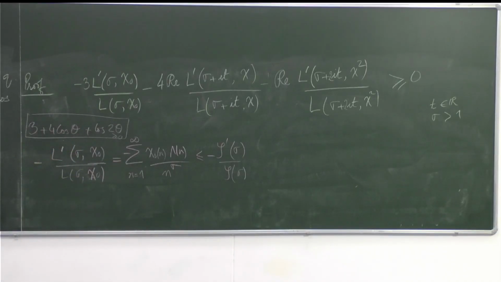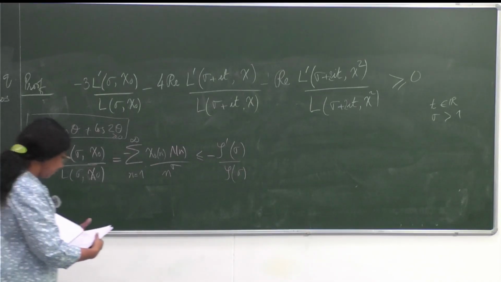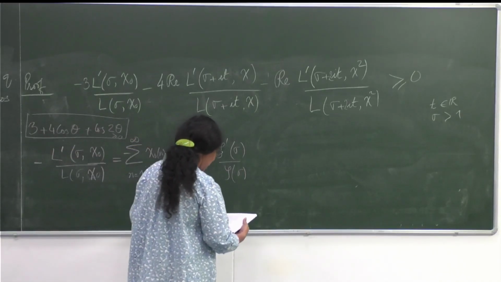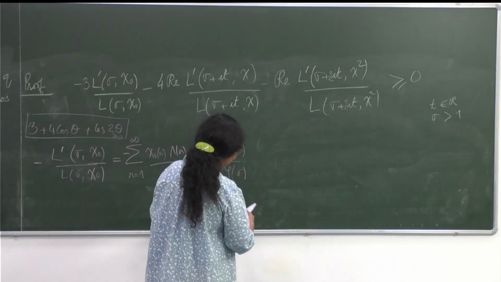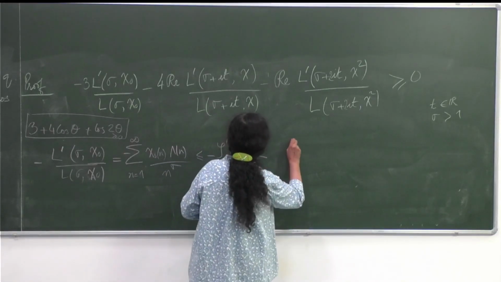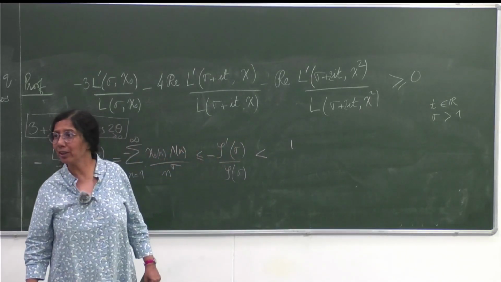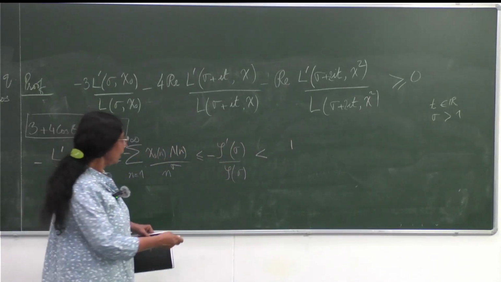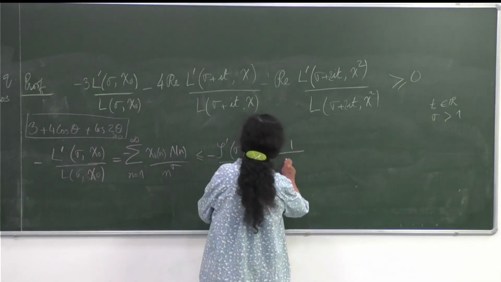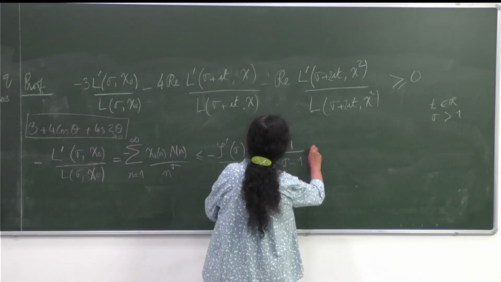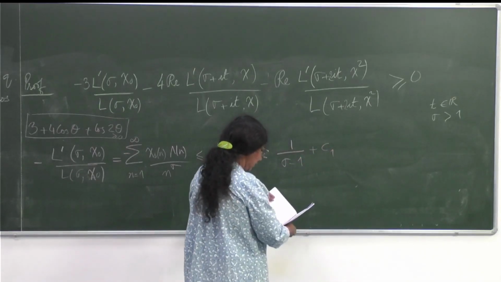You know the way we write the zeta function, which we've done several times, even before I started. This is less than, what is it less than? 1 upon sigma minus 1, yes, but the main term, the first term is that, and then there is some constant, I'll call it C1.